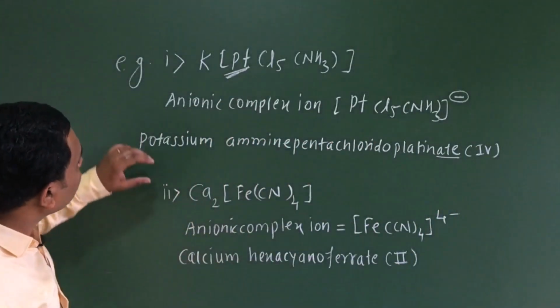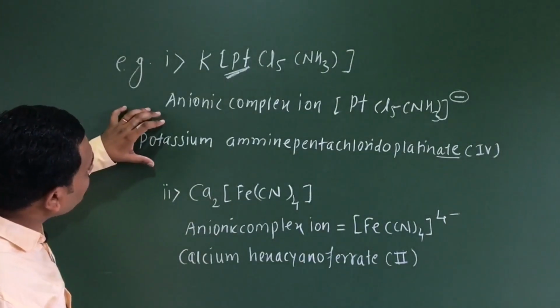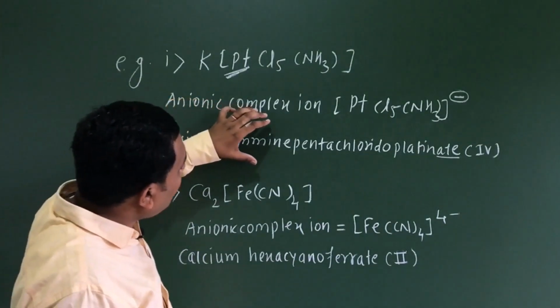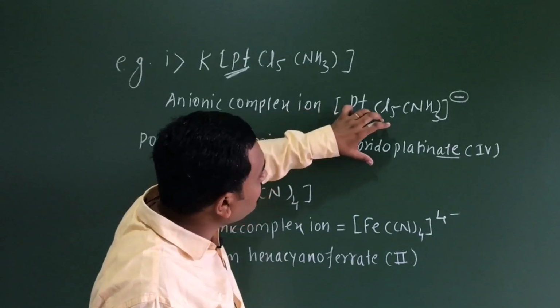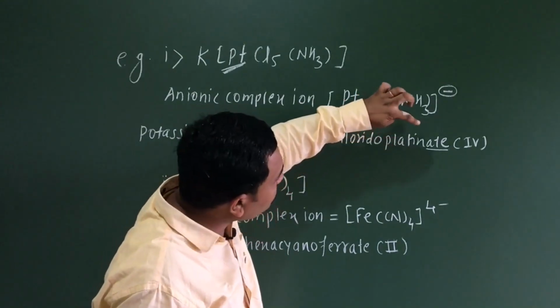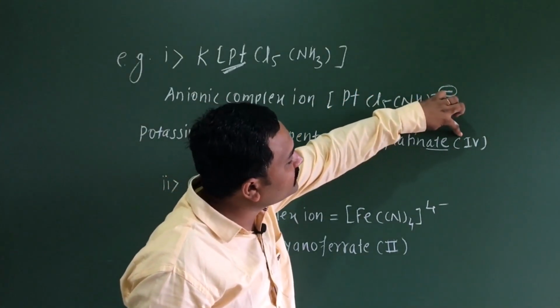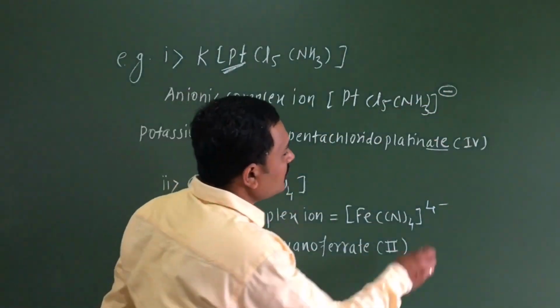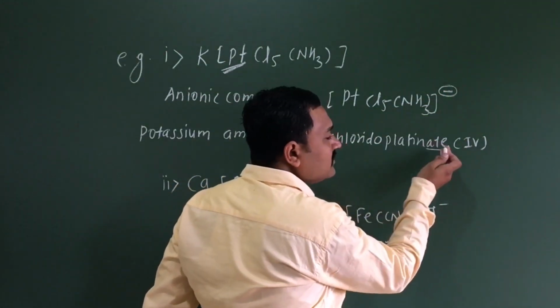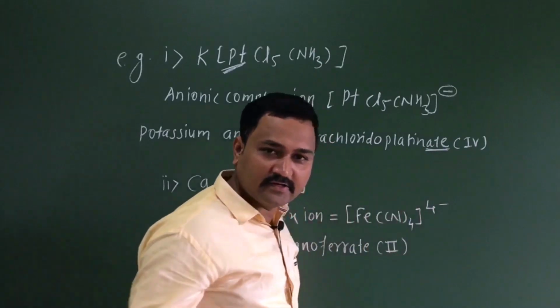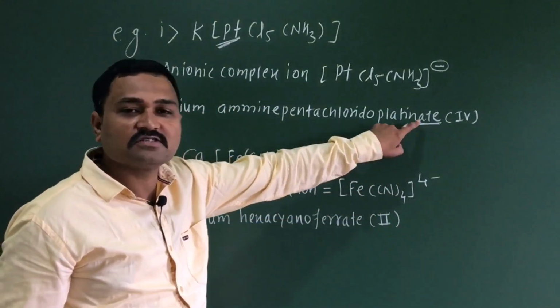Hence I have written the name of this compound as potassium amminepentachloridoplatinate(IV), instead of platinum and the oxidation number 4. So the name platinum changed to platinate. Here I have used the suffix ate.